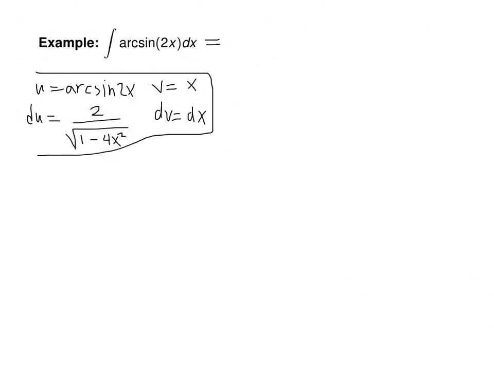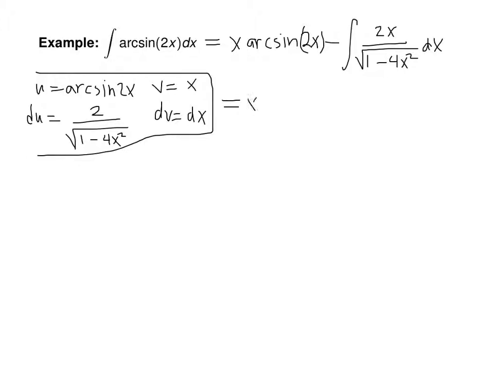So this will equal uv, so x arcsine of 2x, minus the integral of v du, so minus the integral of 2x over the root 1 minus 4x squared dx. And even though that second integral isn't ridiculously easy, it is one that you can handle using a regular substitution.